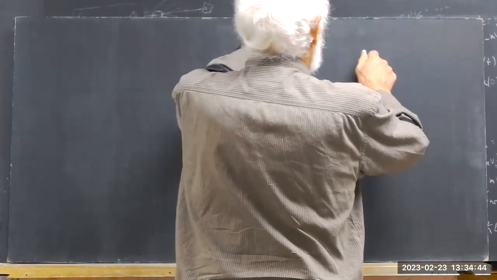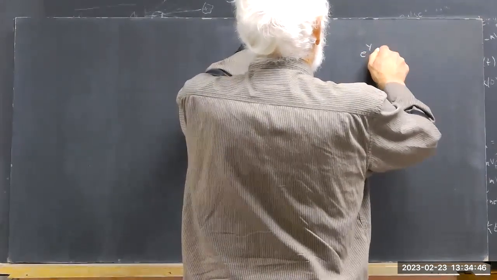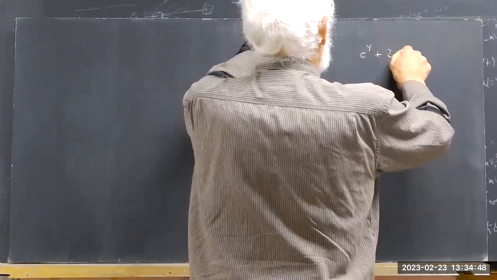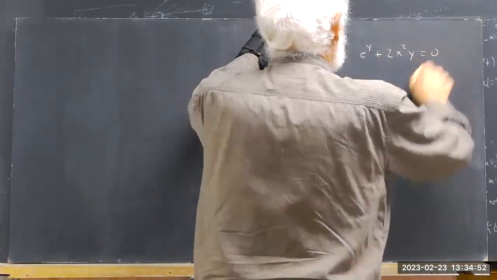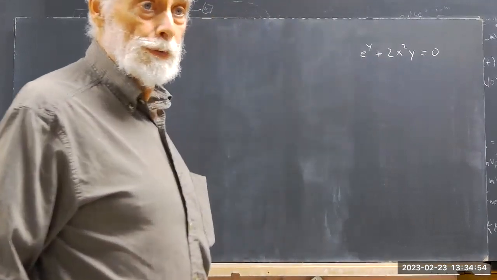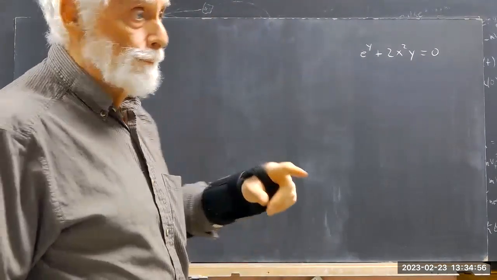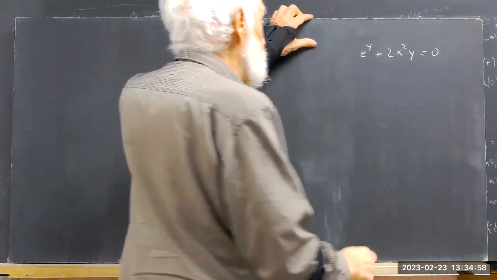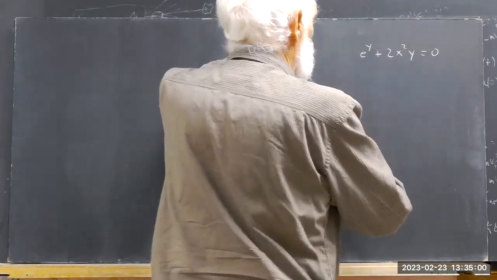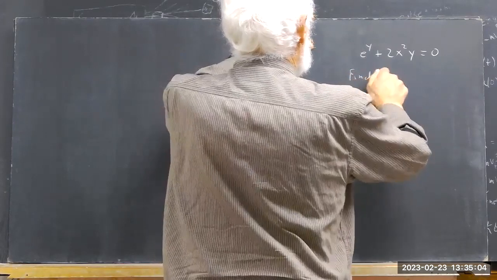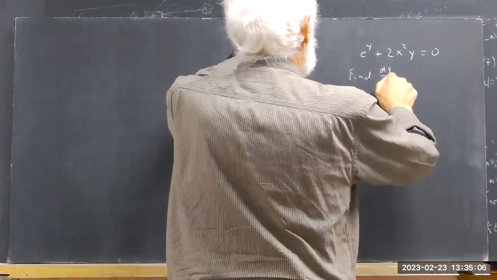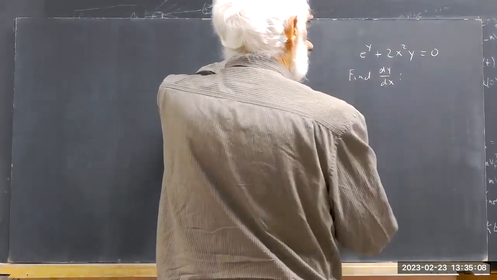So let's just say we've got e to the y plus 2x squared y equals 0. We can't solve for y, but we can take the derivative with respect to x. So we want to find dy dx.